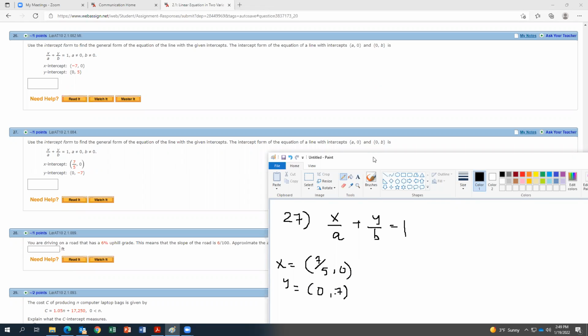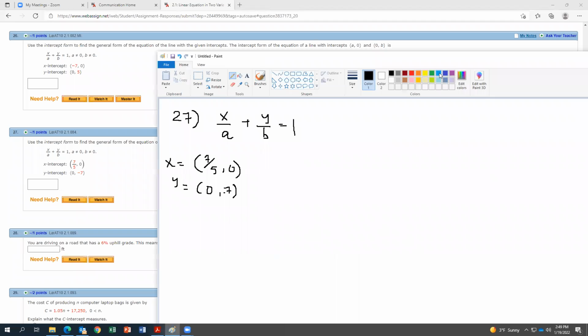In order for us to do this, you simply plug these in. We plug the x-intercept into a, and we plug the -7 into b.